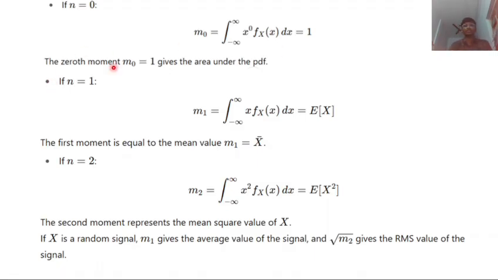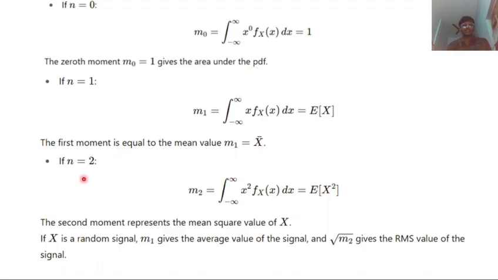So the zeroth moment m0 equal to 1 gives the area under the PDF. Case 2, if n equal to 1, m1 equal to integral from minus infinity to infinity of x into fX of x dx. It is the expected value E of X. So the first moment is equal to the mean value or expected value, m1 equal to x bar.